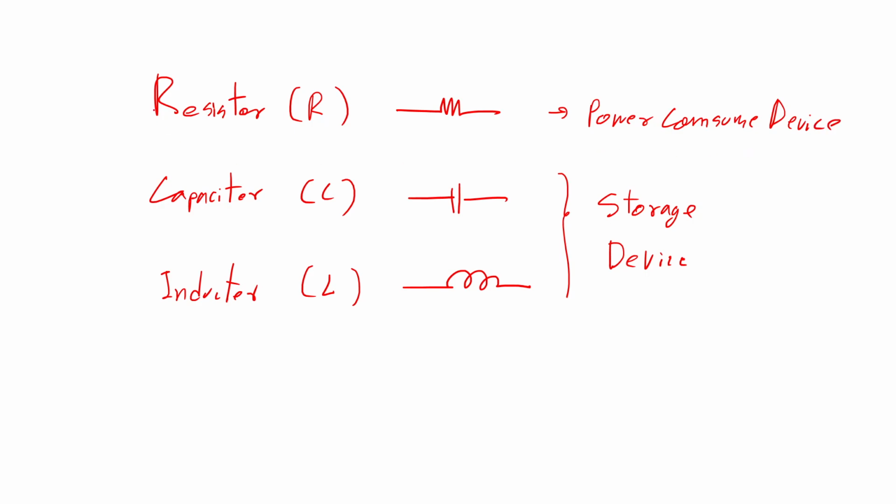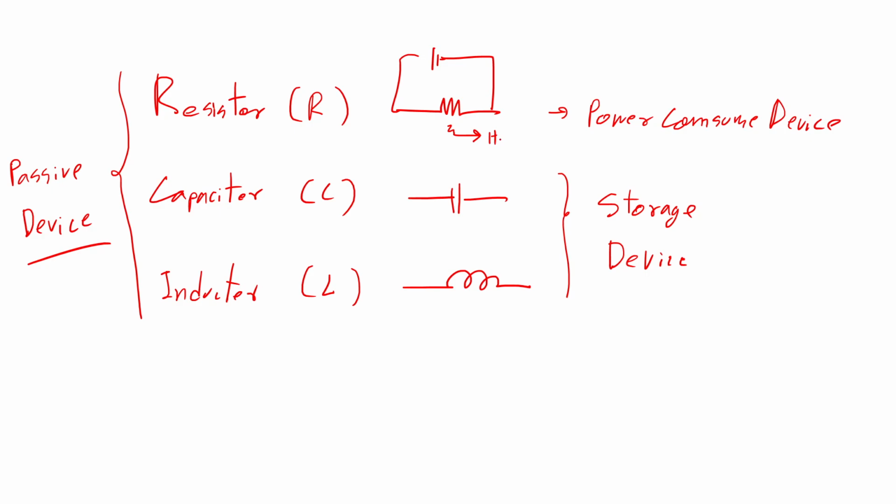All of these are passive devices. Three types of basic passive device: resistor, capacitor, and inductor. Capacitor and inductor are storage devices. When you supply the power to the resistor, it will heat up. But when you supply the power to the capacitor and inductor, they will store current.